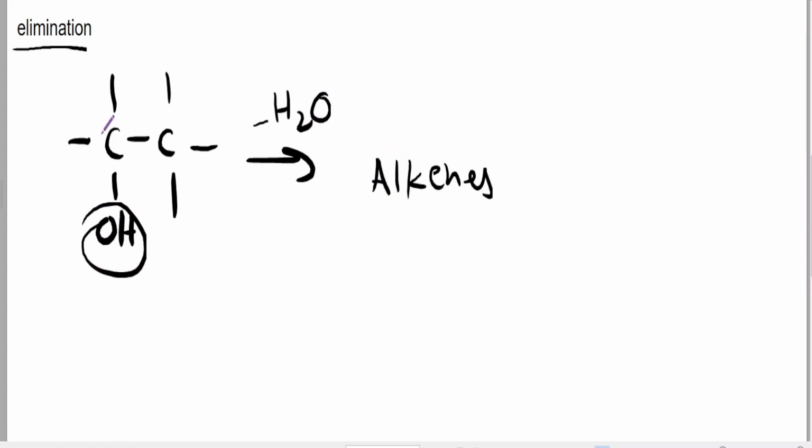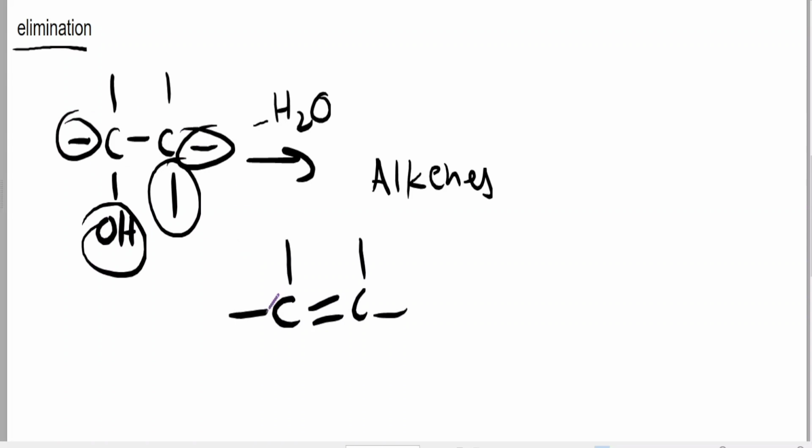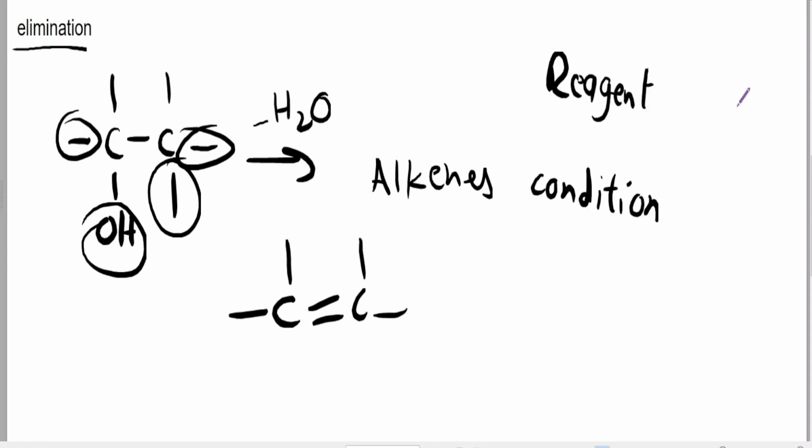This OH on this carbon atom plus a hydrogen on another carbon atom, let's say this hydrogen right here, would be removed, and what you get is two carbons with a double bond, and these two hydrogens would still remain right here. So you remove an OH and a hydrogen from the two carbons and you get an alkene. The reagent for this is only conc H2SO4, and the condition is only heat.